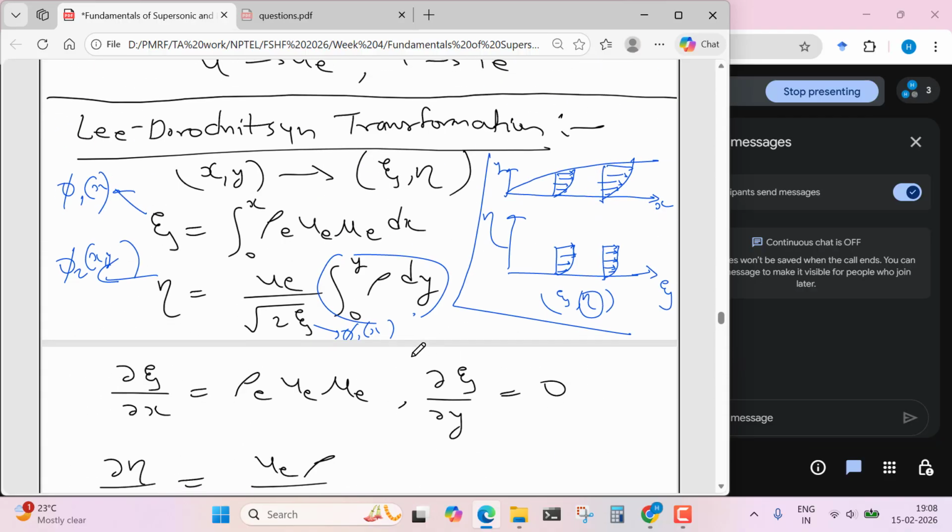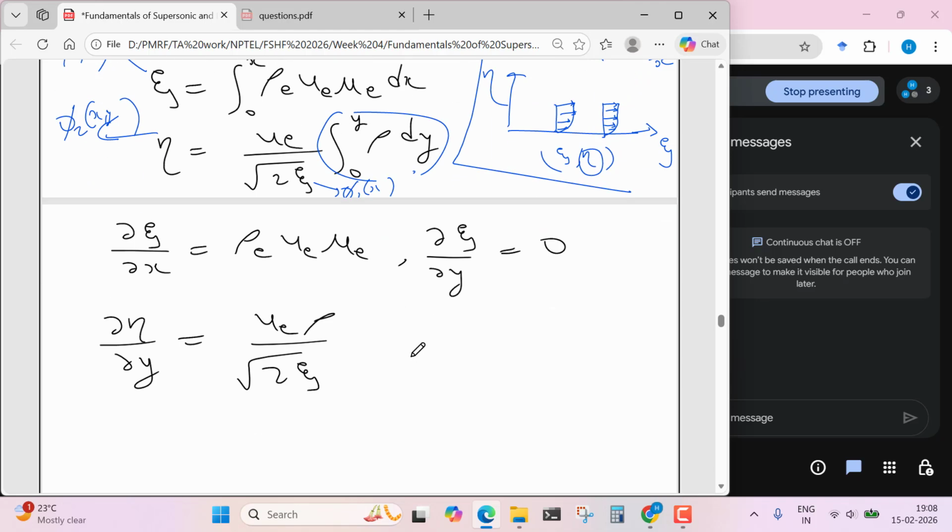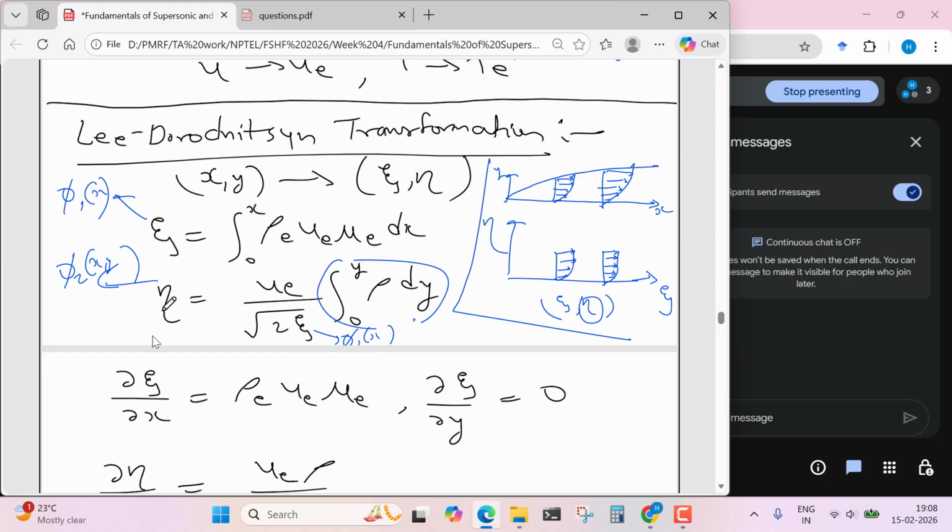So now we will check the derivatives. We will take the derivative ∂ξ/∂x, and since ξ depends on x only, it will simply be ρe ue μe.